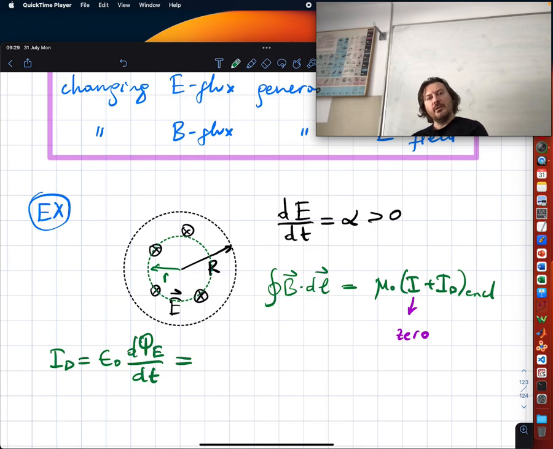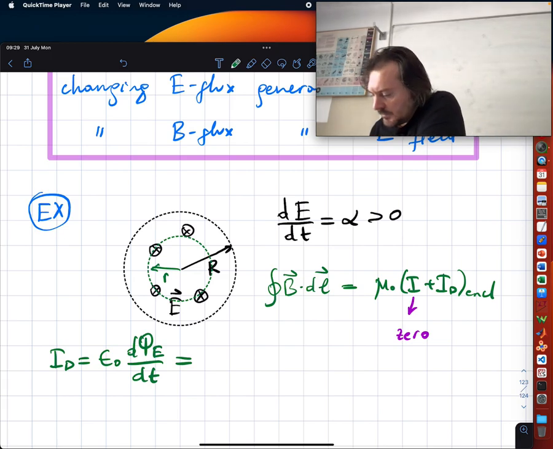But there's no I, there's no j. Actually, if we think of idealized displacement for area, the delta phi_E over dt, and you divide it by A, the total area, then the J is just epsilon 0 dE over dt.